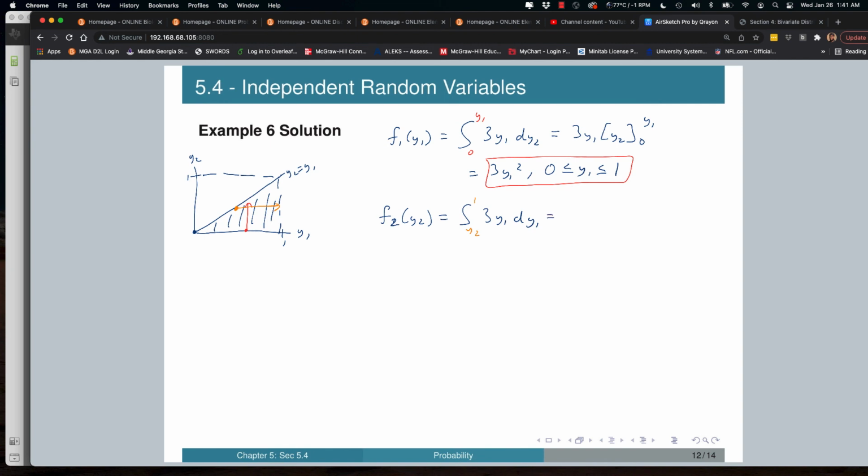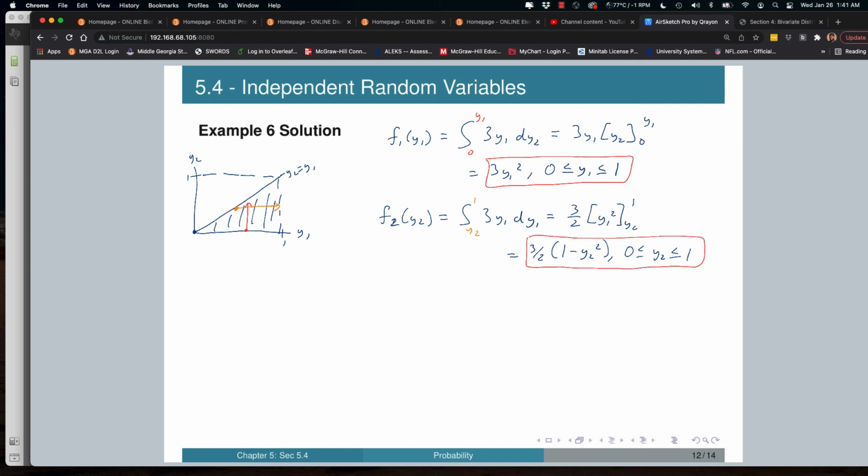Alright, so when I integrate that, I get 3 halves y sub 1 squared evaluated from y sub 2 to 1, which is just going to equal 3 halves times 1 minus y sub 2 squared. And that's over the range of 0 less than or equal to y sub 2 less than or equal to 1. So we got our marginals.